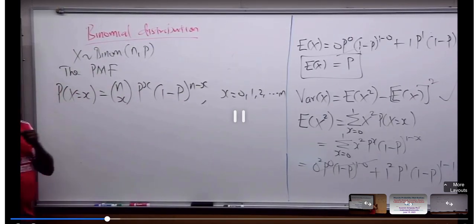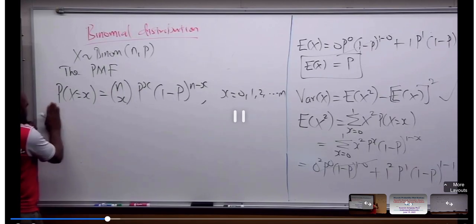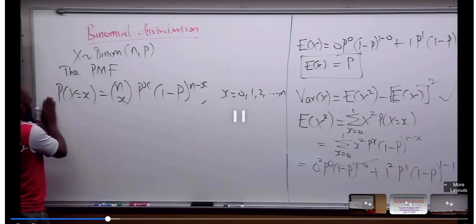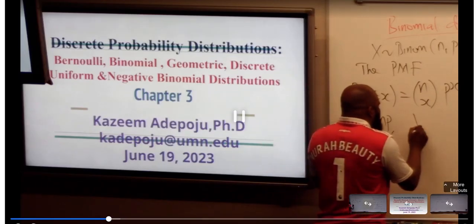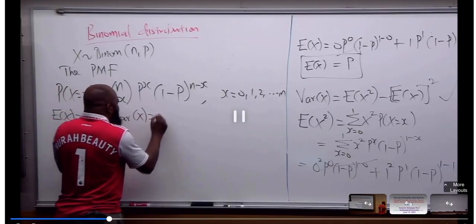Now take a look at this. When you take a look at what I have here, the expected value of s equals np, the variance of s equals np times 1 minus p.